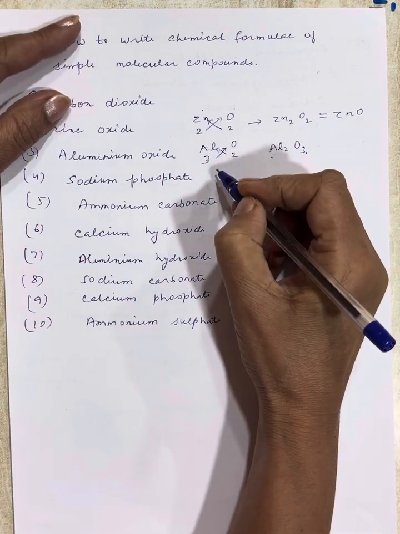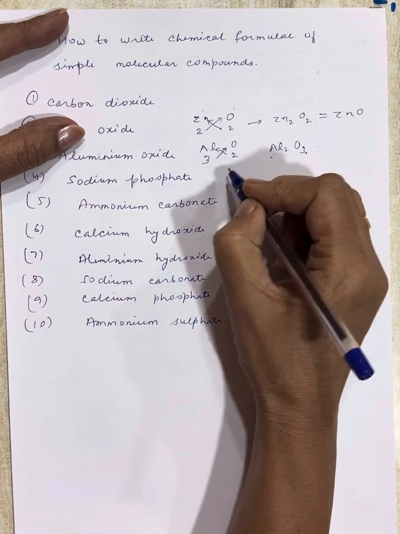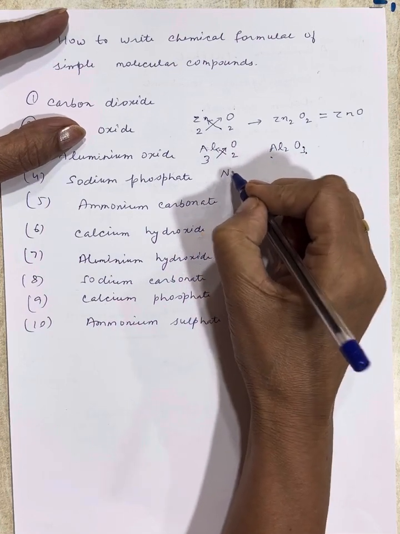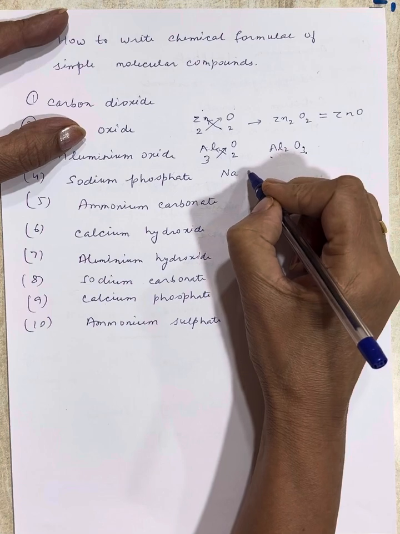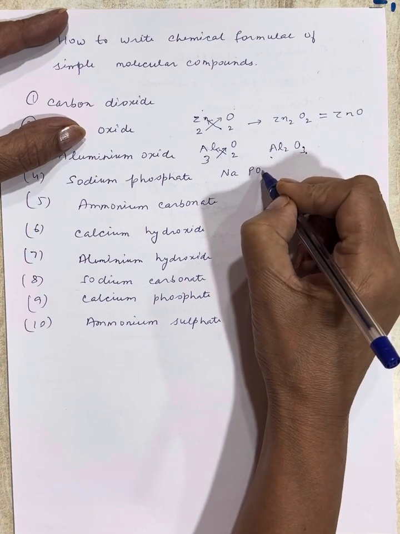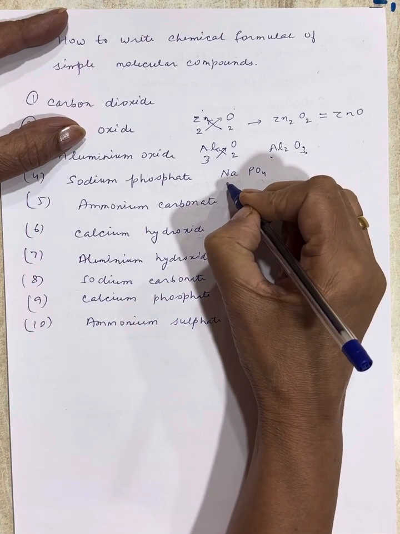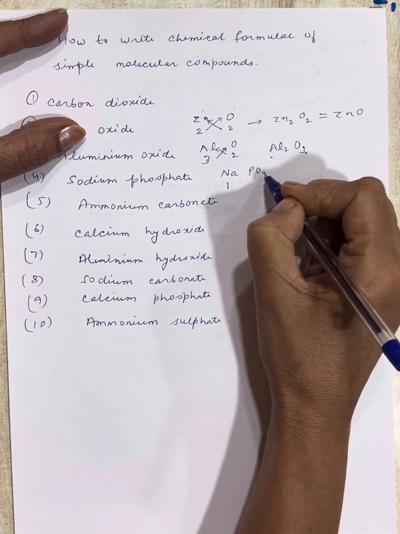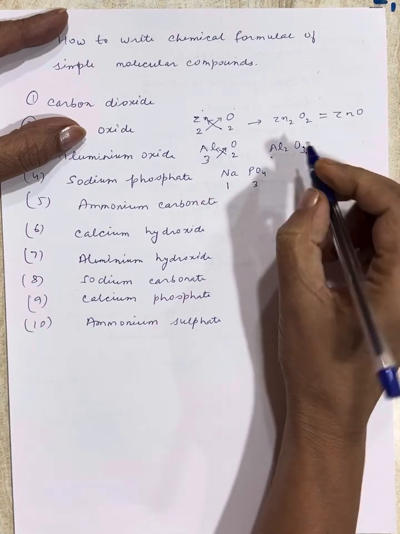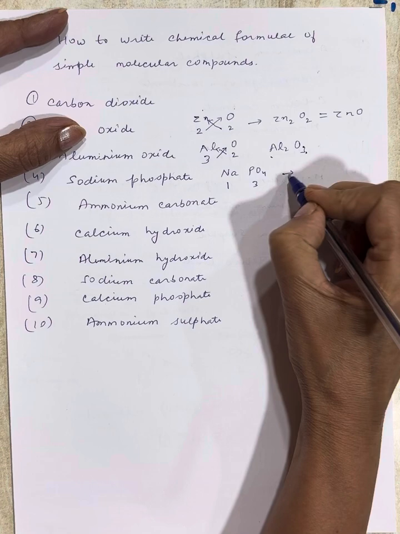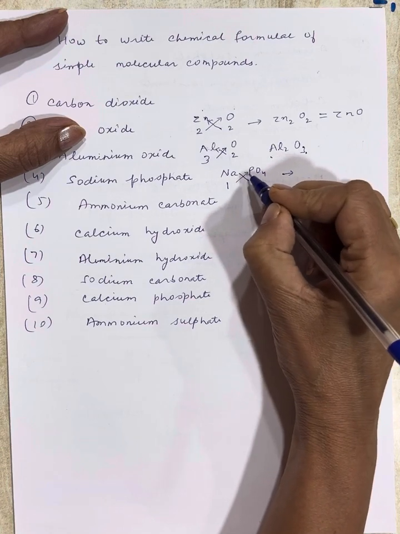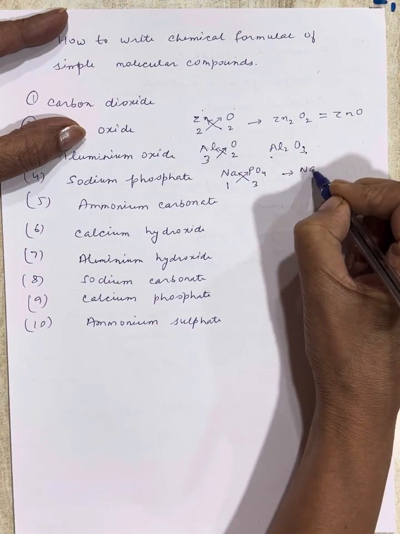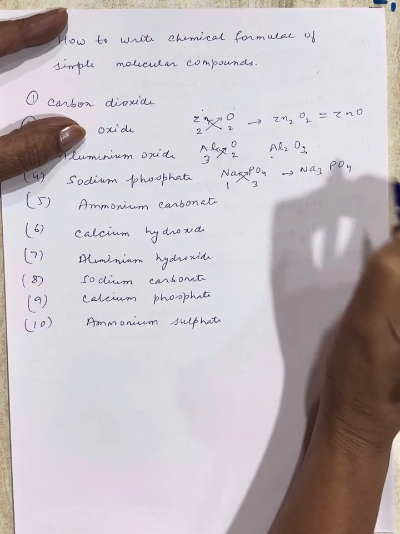Now my next thing is sodium phosphate. Na, and phosphate is PO4. Na is carrying 1 charge and PO4 is carrying 3 charge. So it will give you Na3PO4.